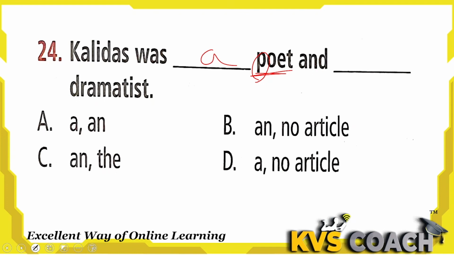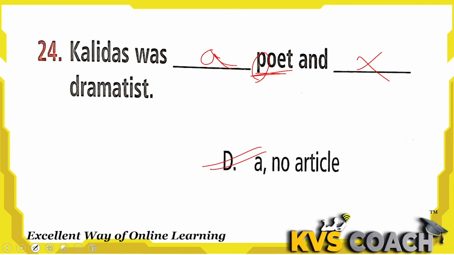We don't use any article before "dramatist," because it is just a proper profession, and we don't use any article with a proper profession name. So this is no article. Kalidas was a poet and dramatist. So "a" and no article. D is the right answer here.